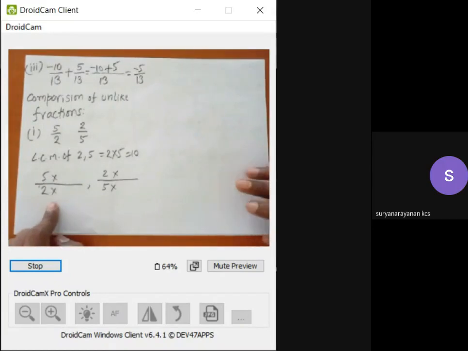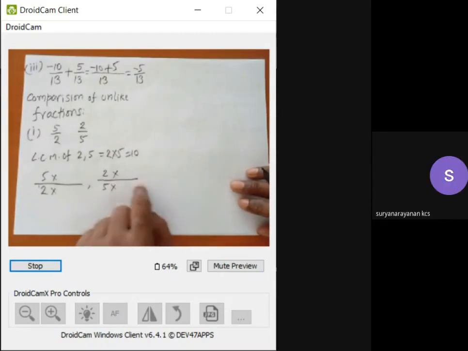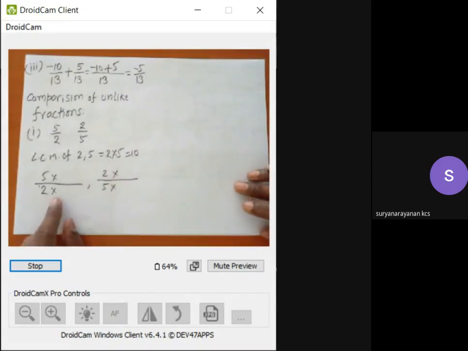We follow the same steps in the case of the second fraction. We write the second fraction also, 2 by 5, and we extend this line. Are you watching this screen, my dear children? Yes, sir. We extend this line. After that, in the numerator and in the denominator, we keep the into symbol.